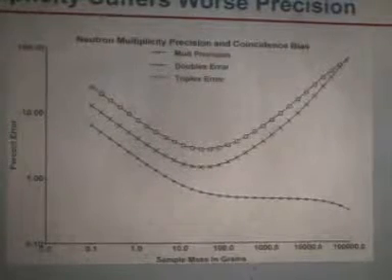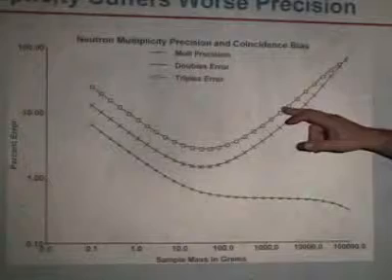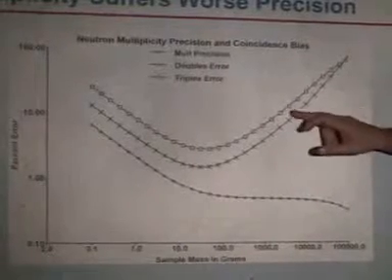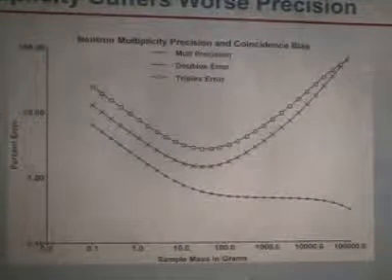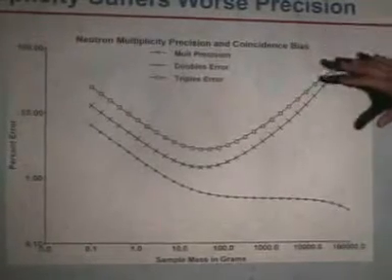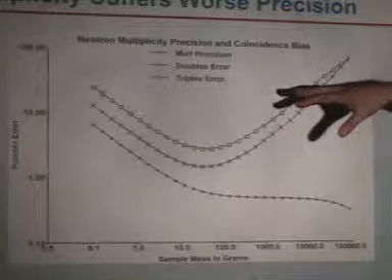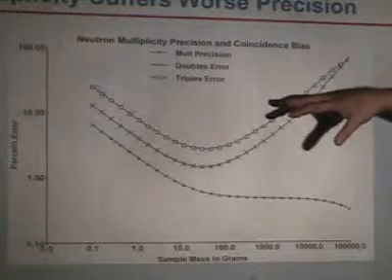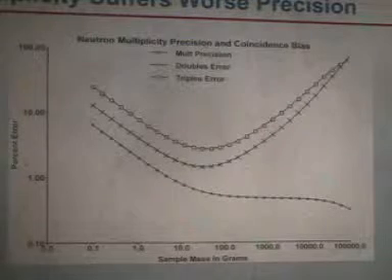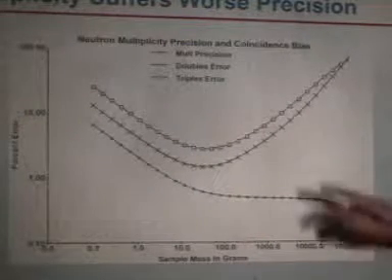In the case of triples and multiplicity counting, I've shown the triples error and the multiplicity error here, it actually turns around and gets worse by the same concept. Because of the much larger increase in the accidentals, which now doesn't go as the total squared, but the total cubed, it actually gets worse, as well as you pick up the error from the doubles. So it gets much worse very fast.